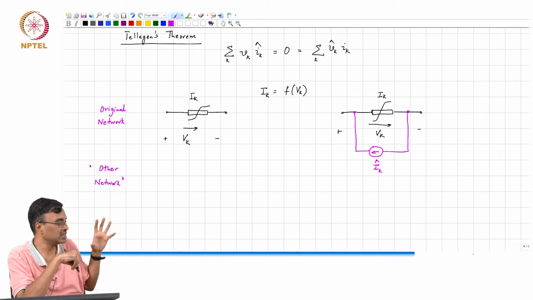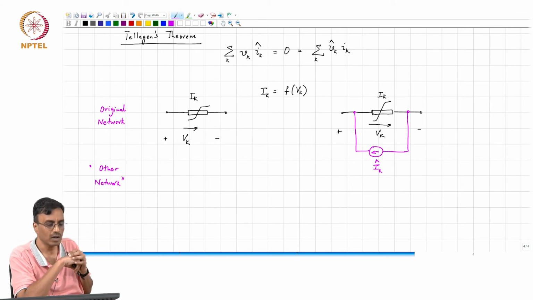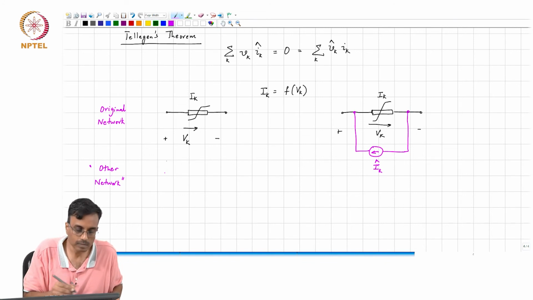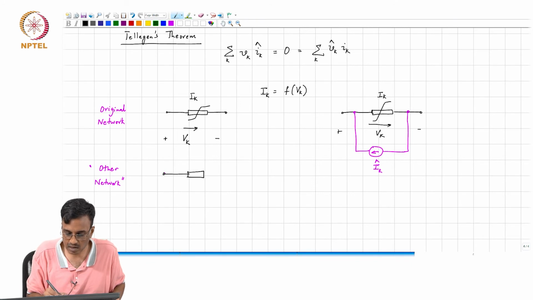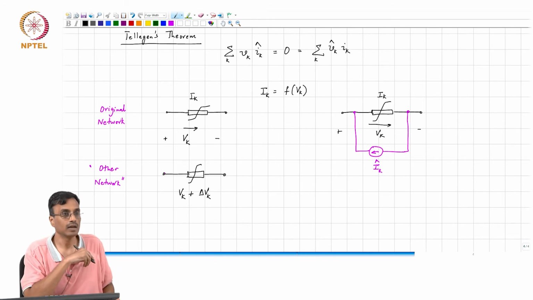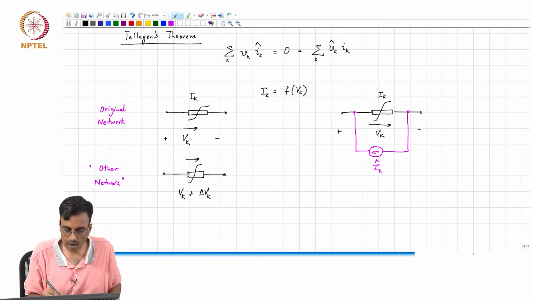So if you change, say, a source voltage by some amount, then all the branch voltages and the branch currents are going to change, and therefore this voltage is going to be Vk plus some delta Vk.